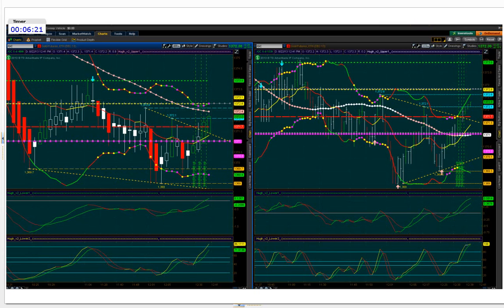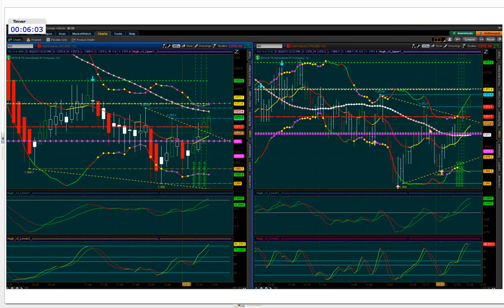And I'm going to look for a profit take right here, about 1372.60, giving about 5 ticks. So I've got my profit target set at 1372.60. I've got my stop down here at 1371.80.